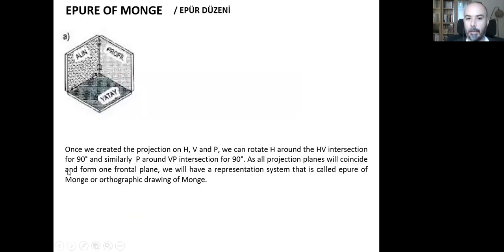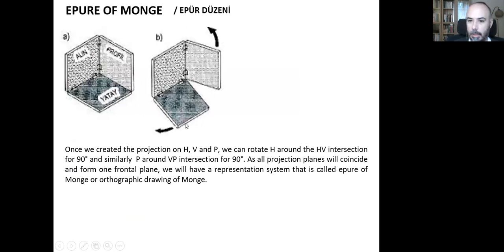Once we created the projection on H, V, and P, we can rotate H, this horizontal one, around the HV intersection, around this line here, for 90 degrees.